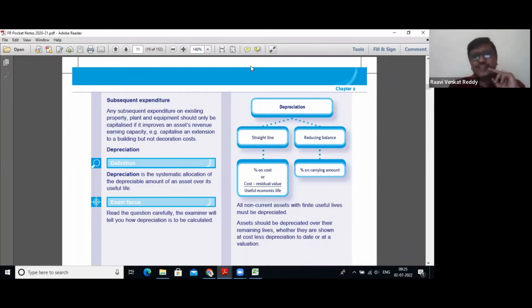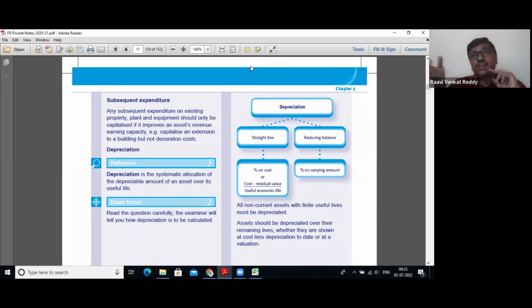You can assume it as scrap value or residual value. So the cost minus residual value divided by the life of the asset will be charged as depreciation.